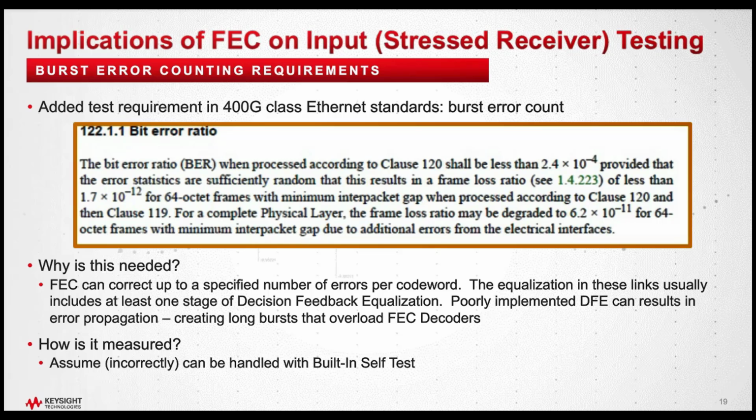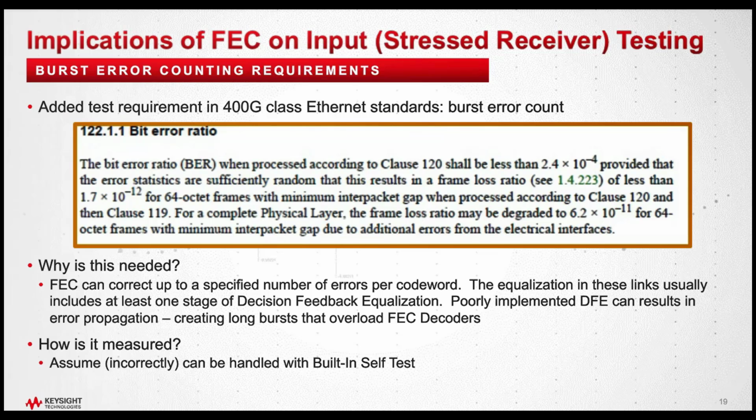Well, the reason we do is what we're really trying to search out for is burst errors that are going to cause the Reed-Solomon decoder to fail and lose frames because we exceed the maximum number of correctable errors per code word. And that situation can occur in these real links when we use decision feedback equalizers.